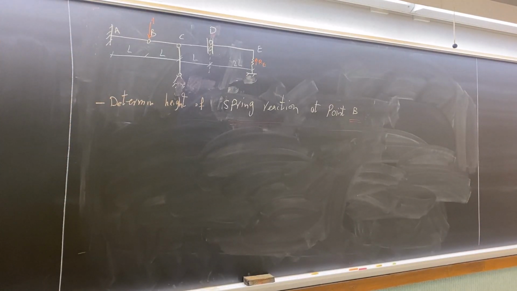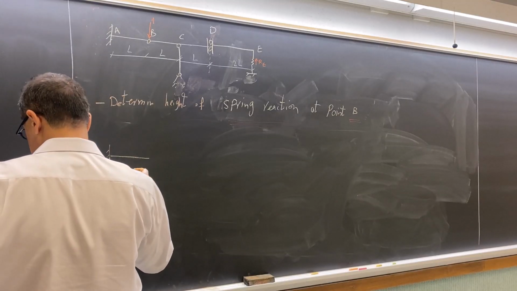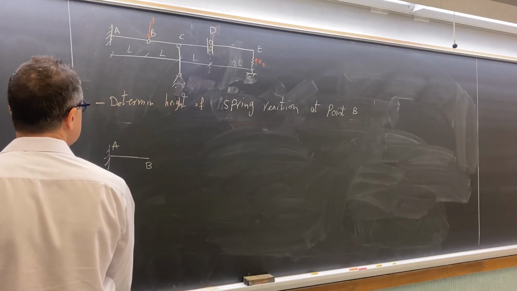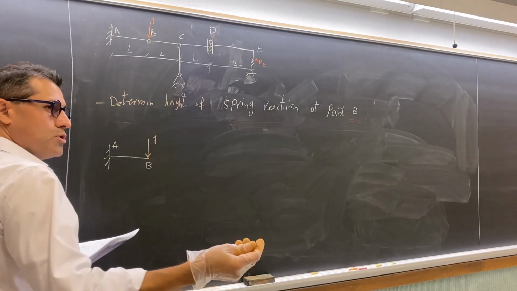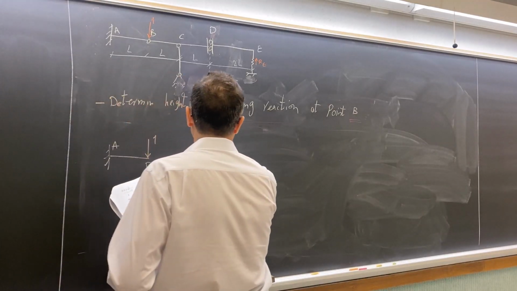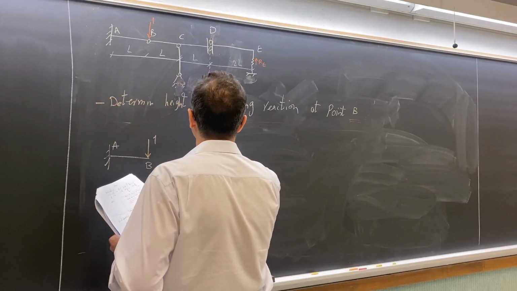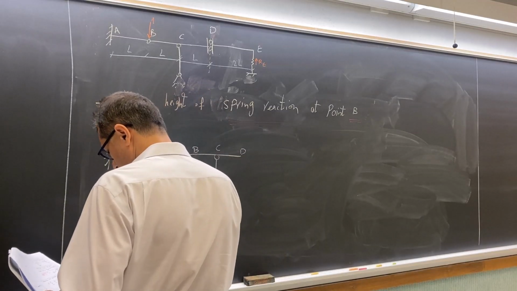Okay. So now I'm going to draw the free body diagram for each part. For the cantilever one, AB, I place the unit load at the left side of B. It's up to me. And for the next part, CBD, what do we have?